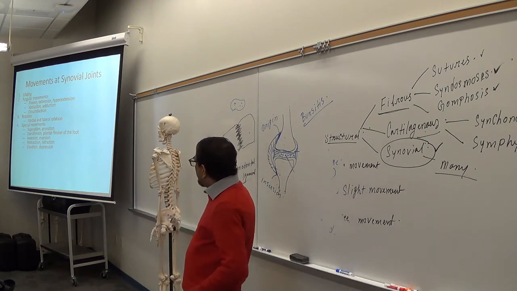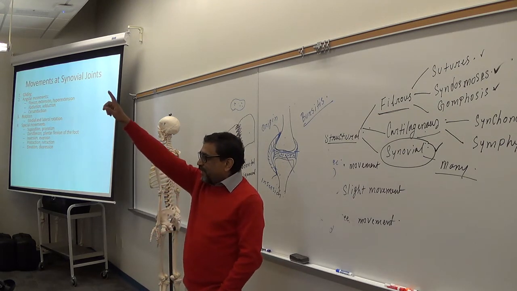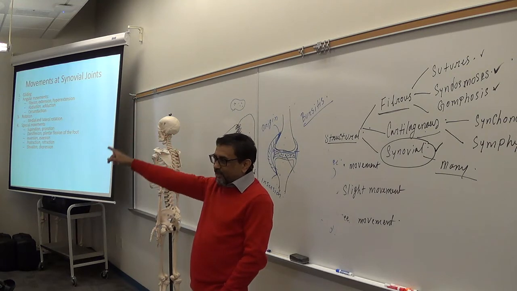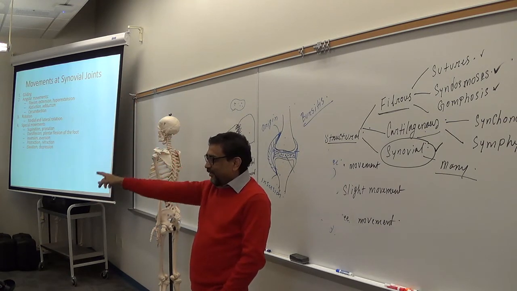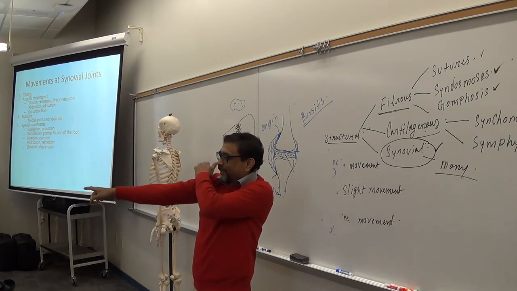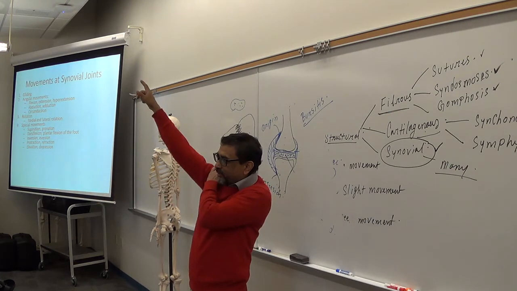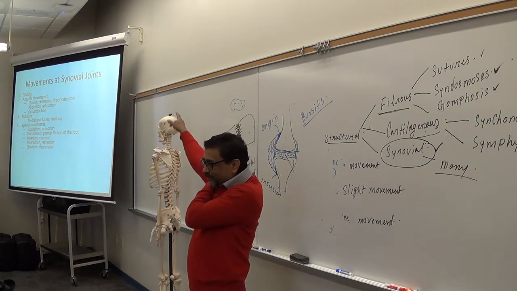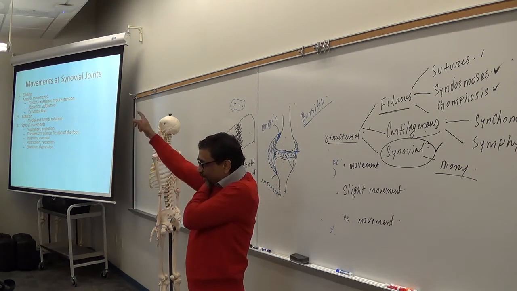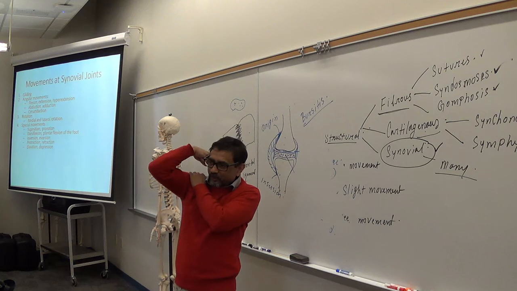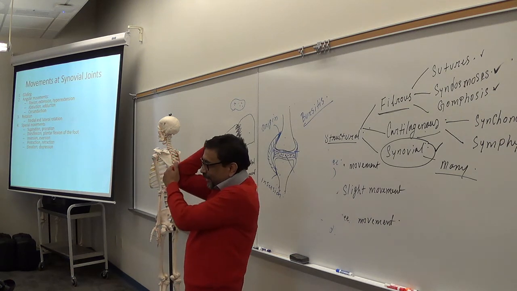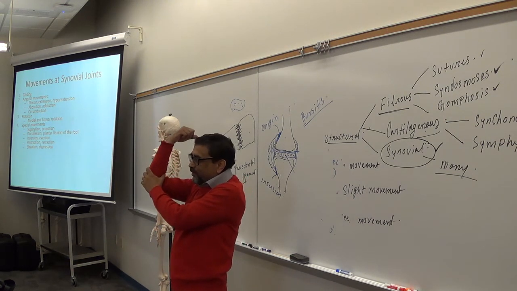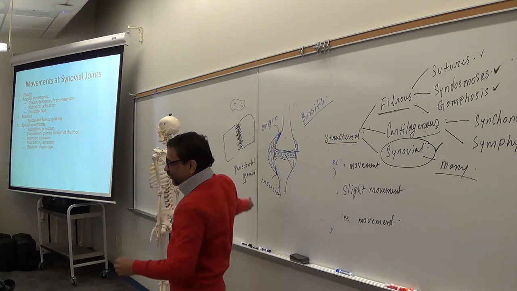Then circumduction. If I ask you to draw a circle like this, the movement at your shoulder joint is called circumduction. When you draw a circle, okay? Make sense? It could be a big circle or a small circle. I don't know if you are familiar with the sport called cricket.